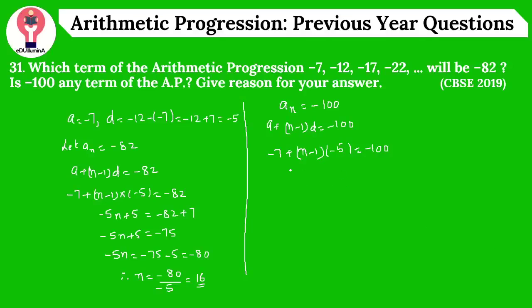So -7 we will take to the right hand side. So -100 plus 7, and on the left hand side n into -5 is -5n, -1 into -5 is plus 5. So -5n plus 5 is equal to -93. So from here -5n is equal to -93 minus 5 is equal to -98.